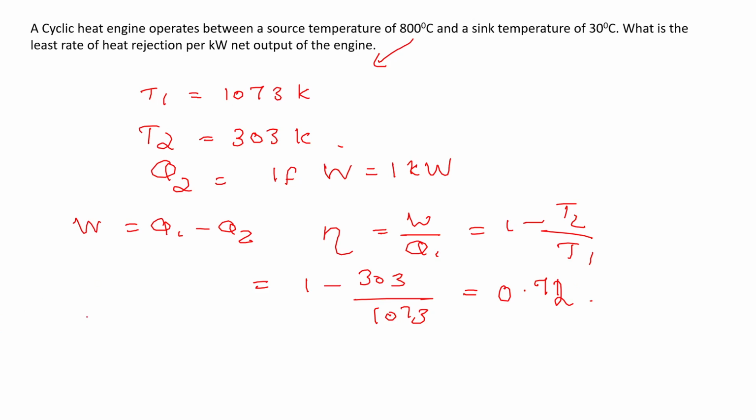Now we know the eta value. Eta is W by Q1, equal to 0.72. Because W is 1, Q1 will be 1 divided by 0.72.